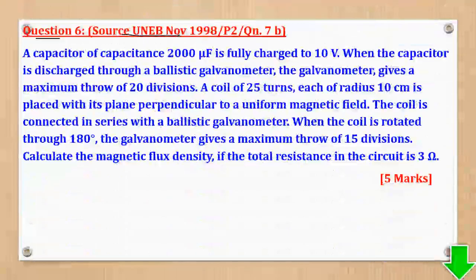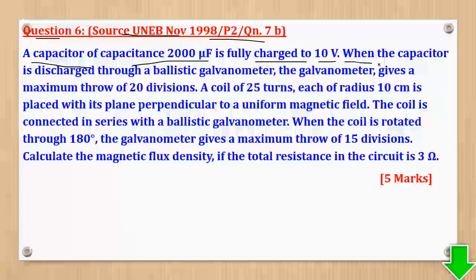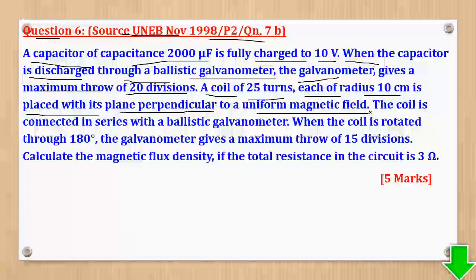Then question 6 came from UNEB of November 1998, paper 2 question 7B, and it says a capacitor of capacitance 2000 microfarad is fully charged to 10 volt. When the capacitor is discharged through a ballistic galvanometer, the galvanometer gives a maximum throw of 20 divisions. A coil of 25 turns, each of radius 10 centimeters, is placed with its plane perpendicular to a uniform magnetic field.